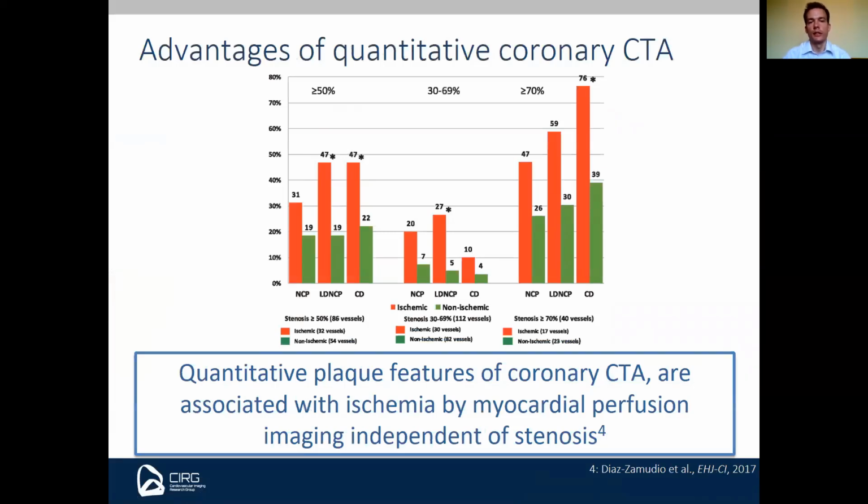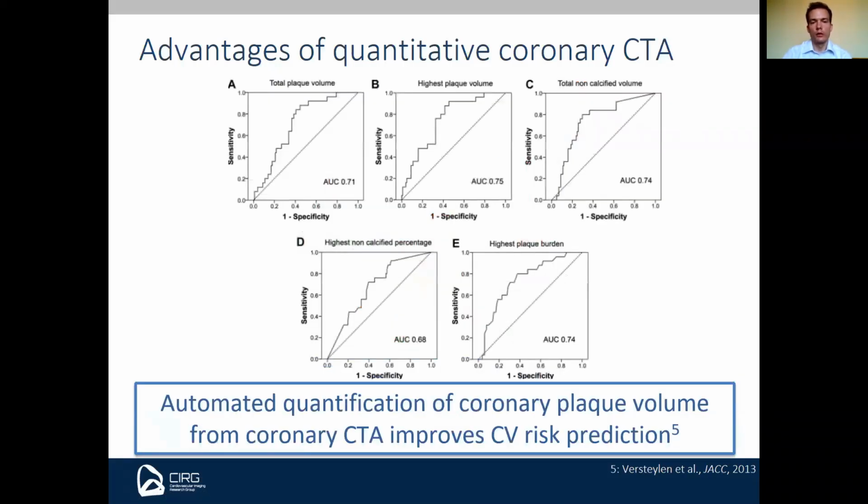In another study, they assessed whether quantitative plaque features of coronary CTA are associated with ischemia, and they have shown that regardless of stenosis, non-calcified plaque and low-density non-calcified plaque are better predictors of ischemia than simple stenosis, as those plaques with only small stenosis also might be ischemic if they have large quantities of non-calcified low-density plaque volumes. And other studies have also shown that quantitative CTA improves cardiovascular risk assessment in this population.